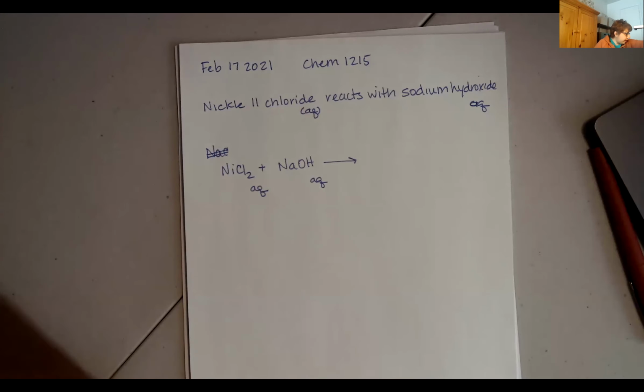So we're recording now. We're going to start out today with nickel 2 chloride aqueous reacting with sodium hydroxide. Somebody tell me out loud the name of one of the products. NiOH.